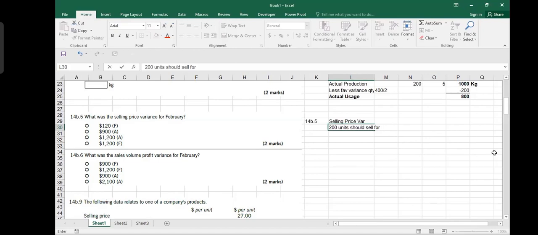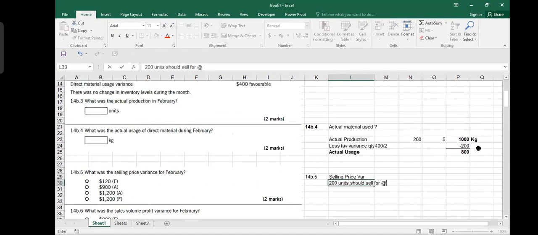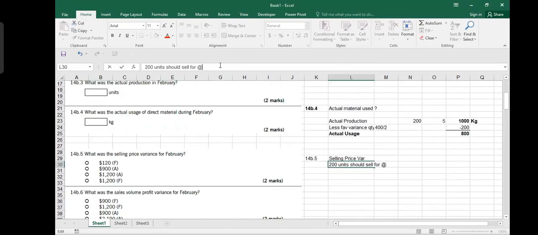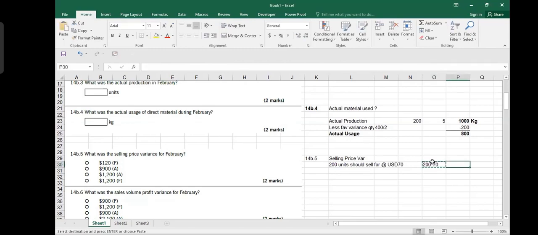what is the standard selling price? $70. This is how much you should be selling. 200 times 70. So your selling price should be 14,000.